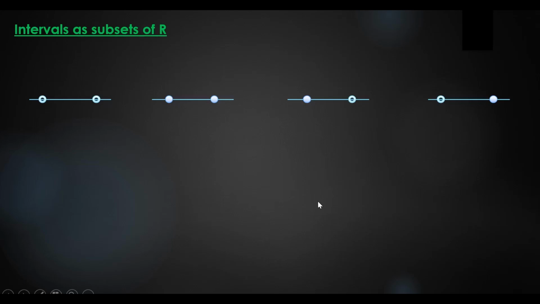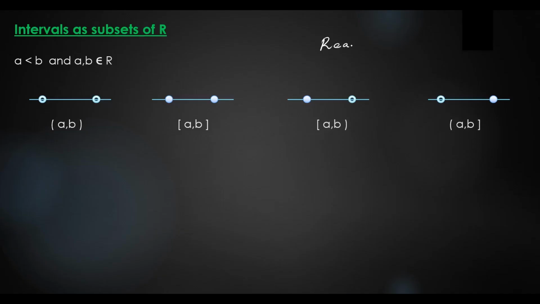Intervals as subsets of R. Okay. What is R? R means real numbers. In real numbers, A is less than B, and A comma B belongs to capital R. So let's call it intervals.